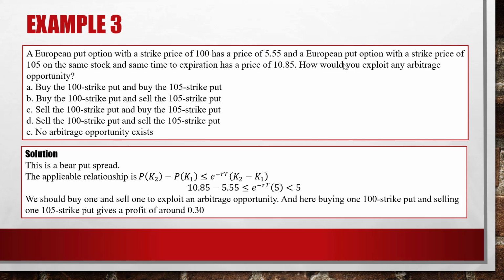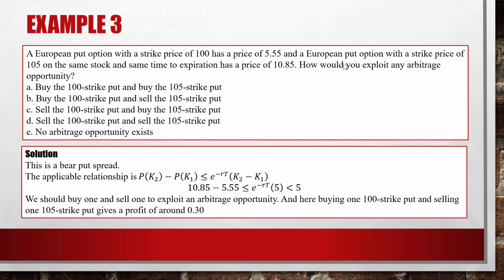Using the relationship, the put price with strike K2 minus the put price with strike K1 is less than or equal to e to the minus rT times K2 minus K1. This is by put-call parity. So of course, we should buy one and sell one. So the answer should be either B or D. We have to think about which one between B and D would give a better profit.